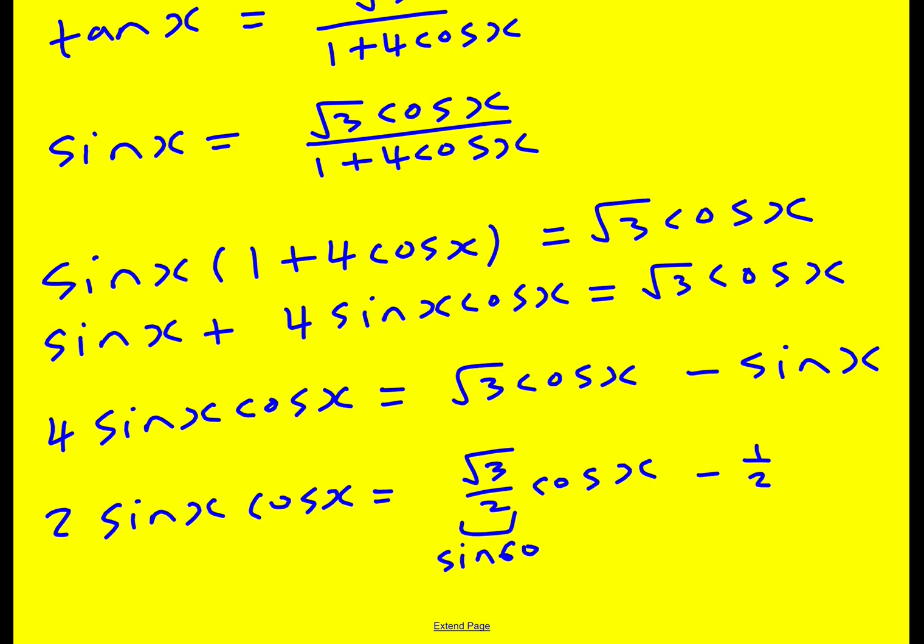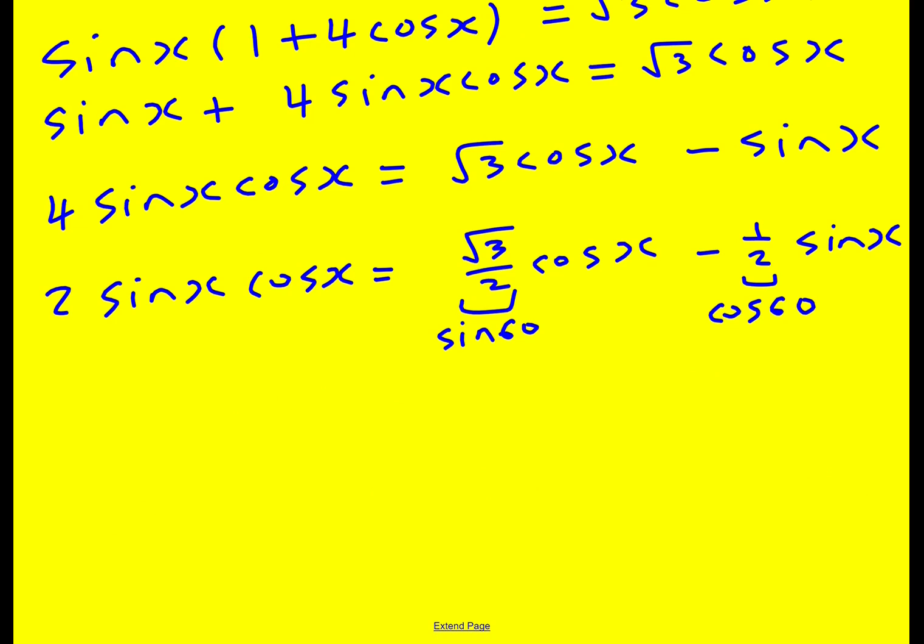Divide this one by 2 as well, and say that that is cos 60. And the result will follow from this. Therefore, sine 2x is equal to sine 60 minus x.